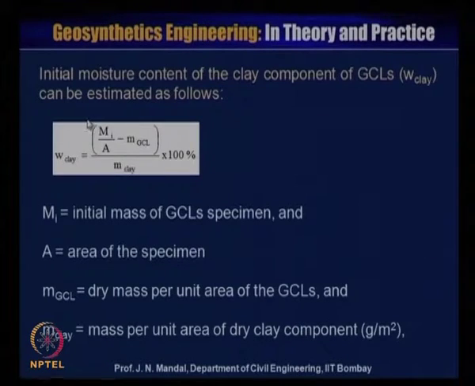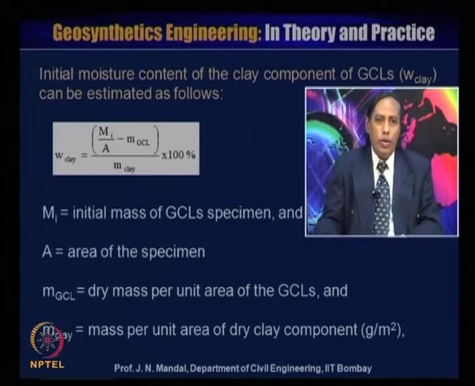Then the initial moisture content of the clay component of the geosynthetic clay liner, or w_clay, can be estimated as follows: w_clay is equal to (Mi by A minus m_GCL) by m_clay into 100 percent, where Mi is the initial mass of the geosynthetic clay liner specimen, A is the area of the specimen, m_GCL is the dry mass per unit area of GCL, and m_clay is the mass per unit area of the dry clay component, in gram per meter square.